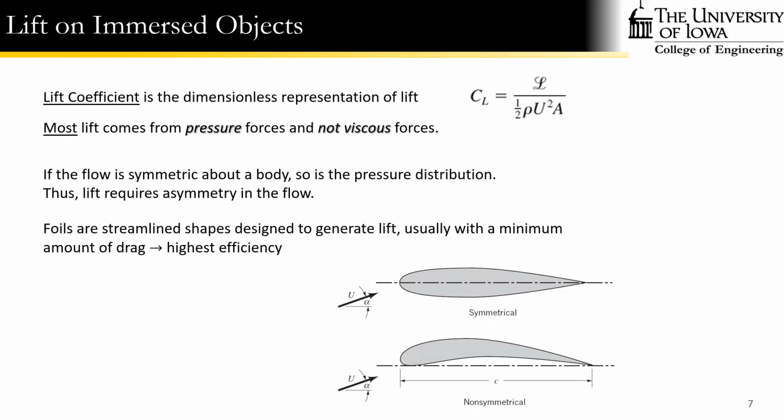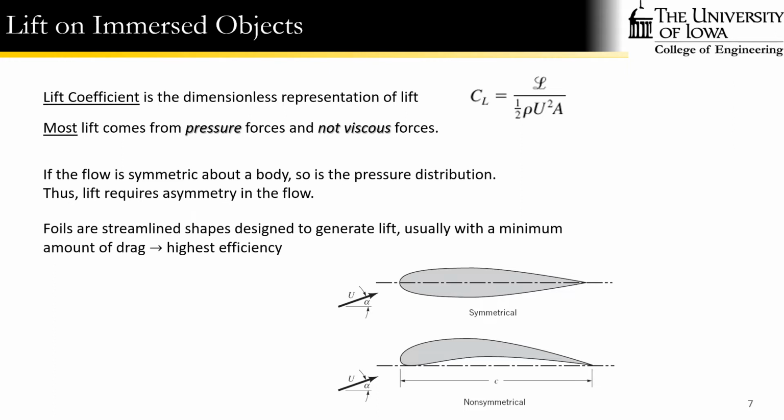We saw an example of this with that triangular bar where we said if there's flow occurring around this, right, we had a pressure distribution that was the same on the top as it was on the bottom, and so they canceled each other out, and there was no resultant force perpendicular to the flow. So the point is that lift requires some asymmetry in the flow.